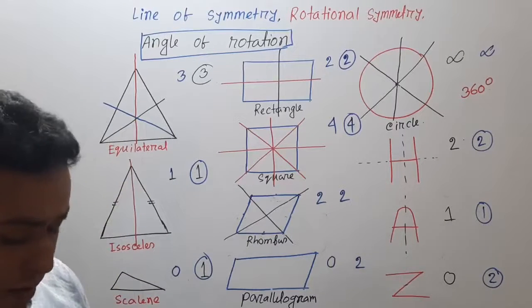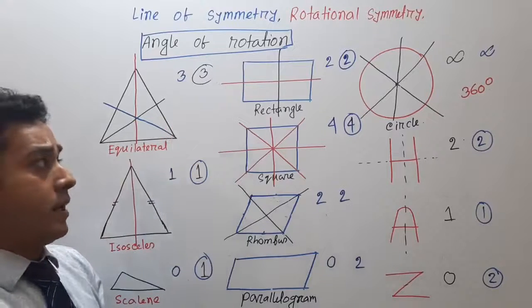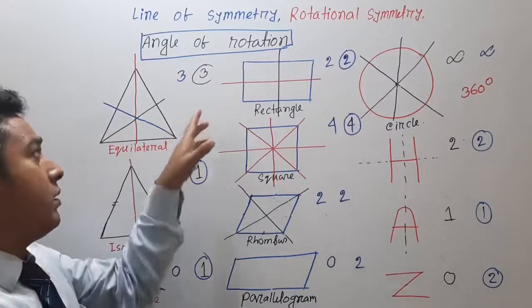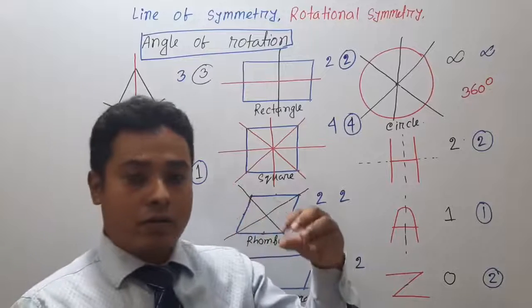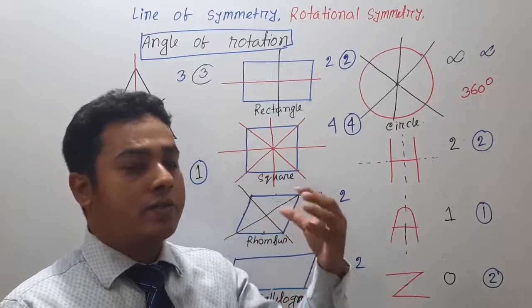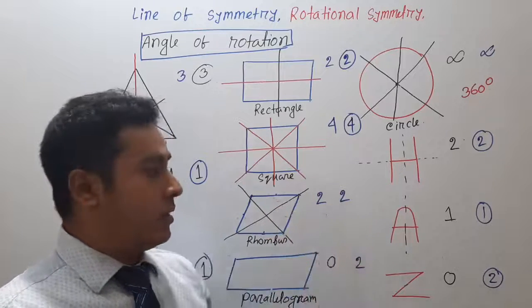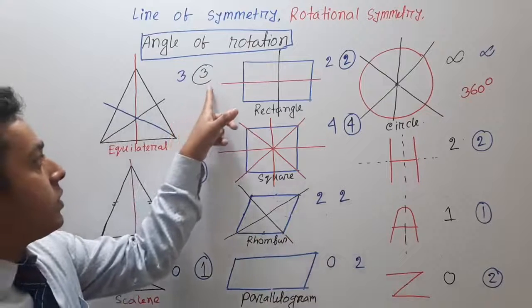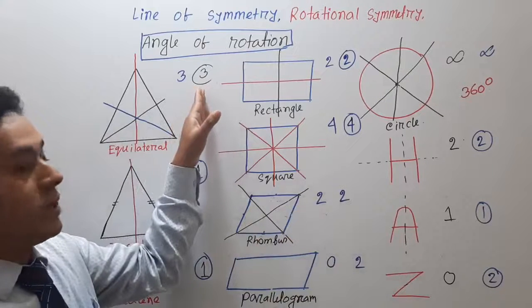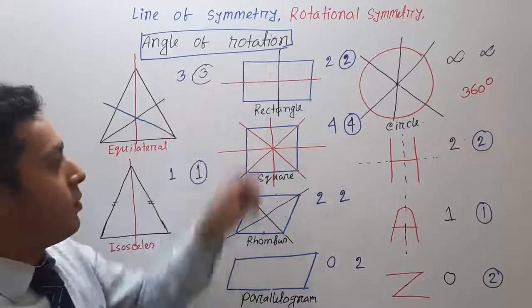But what is the angle of rotation? After one rotation, if the original shape is repeated, how many degrees are needed? Suppose it has 3 rotations. For one rotation, how many degrees are needed? This is called the angle of rotation.